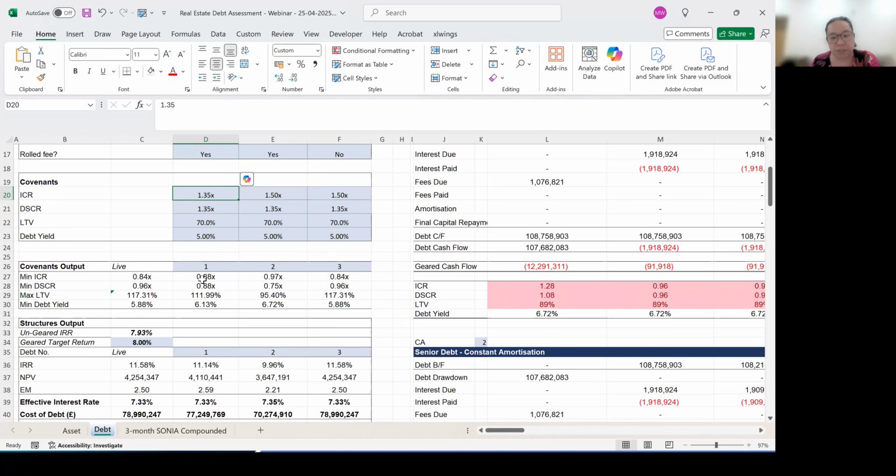And as you see here, we have a borrowing cost, and the threshold here is 1.35 if you're just interest only, but then your minimum ICR here is 0.88. So actually you're not even having the break even point to pay back the debt service. And if you have to amortize, then things start to get even worse.